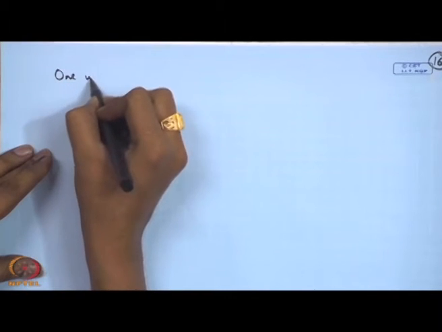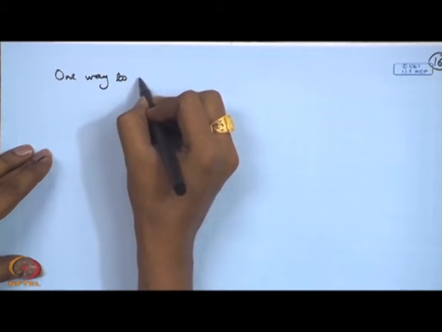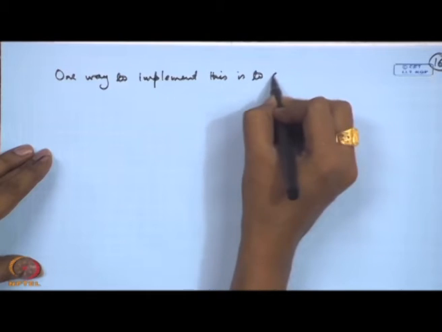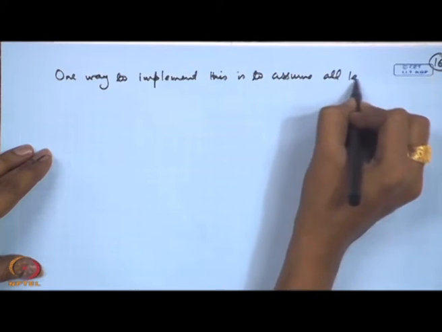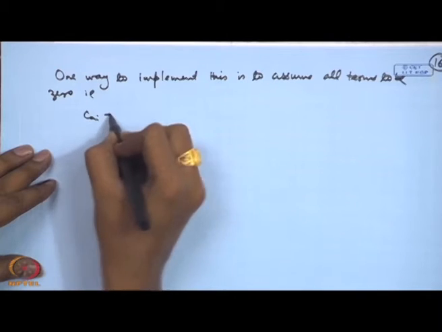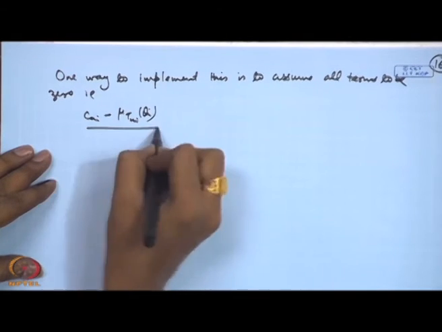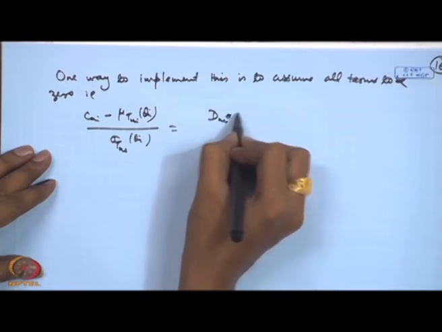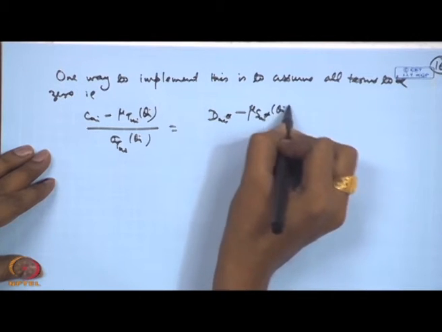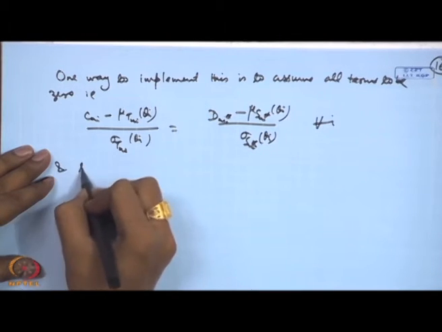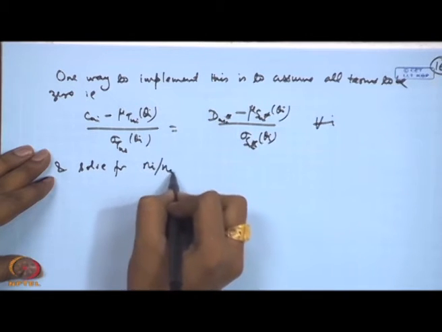Okay, so one way to implement this is to assume all terms to be 0, that is, (Cn I minus mu Tn I of theta I) divided by sigma Tn I of theta I is equal to (Dn I star minus mu Sn I star of theta I) divided by sigma Sn I star of theta I for all I, and solve for Ni by Ni star.